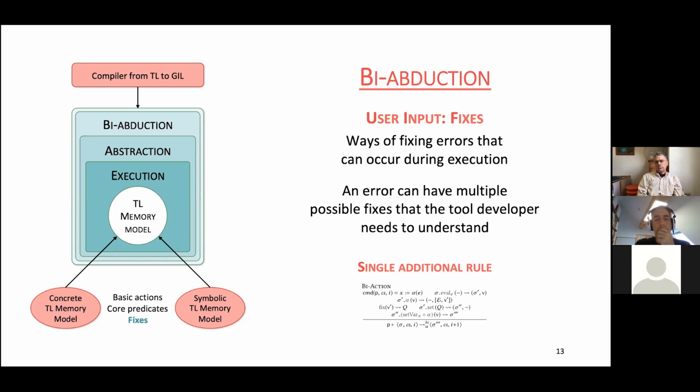And we're very cautious about the errors and give a lot of information about them, because some errors are resource errors, not typing errors, and can be fixed. For example, if this cell isn't in the bit of memory you're working with, we can add it and carry on. That's what's going on with bi-abduction.